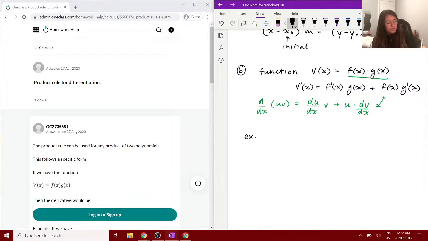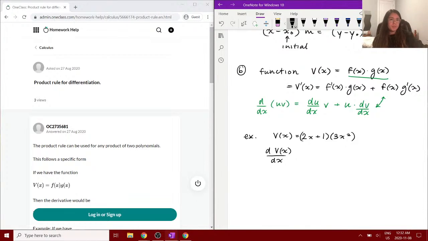So this example gives v of x as 2x plus 1 times 3x squared. And if we want to take the derivative of this, so we have v of x. Just so you know, I switched the notation here.